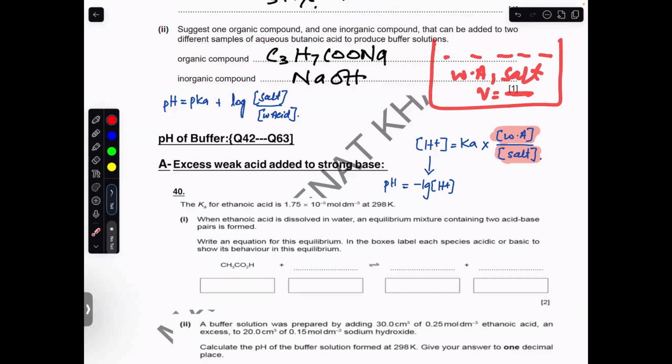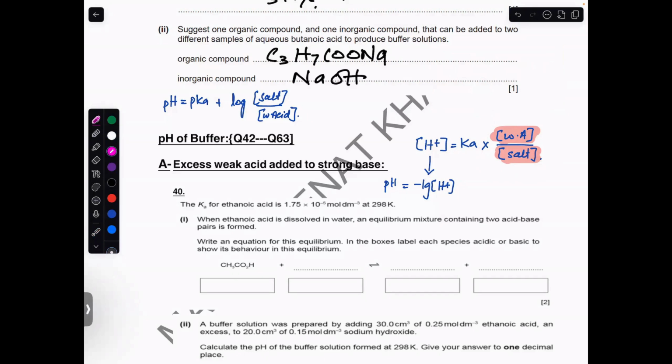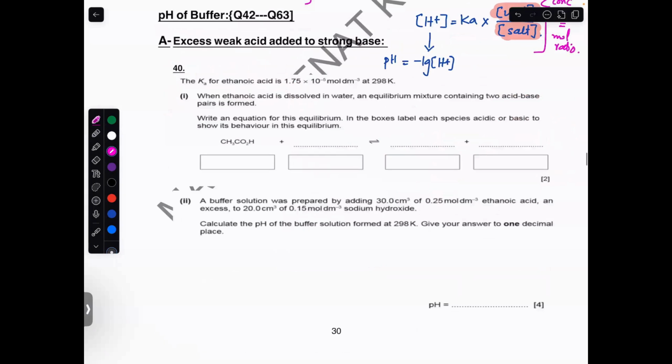If the total volume is the same, their molar ratios are equal to the concentration ratio. So in both formulas, the concentration ratio is equal to the mole ratio. Now coming to the question.